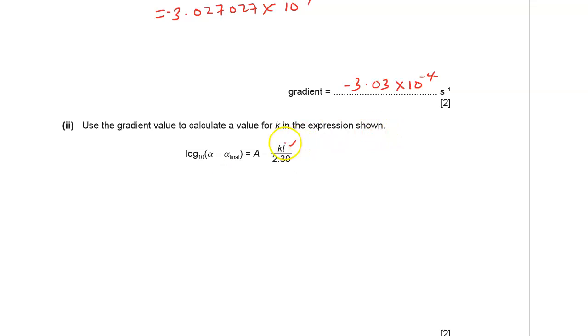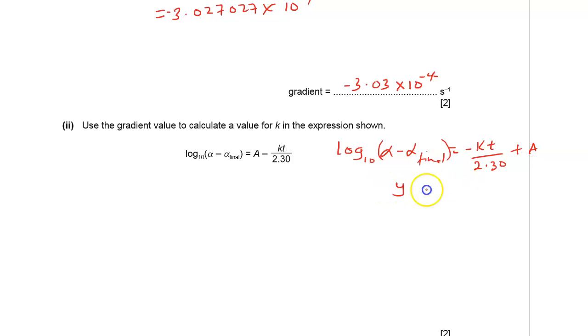The equation will be log to base 10 of (alpha minus alpha final) equals minus k t over 2.30 plus a.